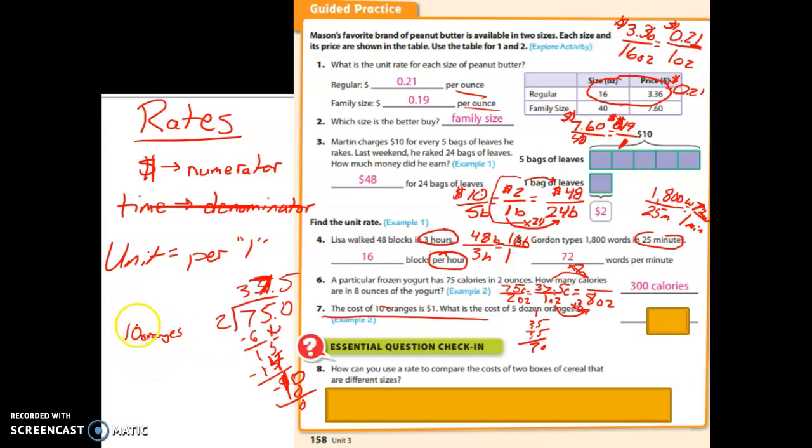So this one's a little bit goofy, and this is one where you have to be able to say, well, this doesn't really make sense if I put 1 over 10 here. So there's going to be those exceptions that you'll become familiar with. For $1, right? So if I wanted 5 dozen oranges, well, 5 times 12, that'd be 60 oranges. How much money would that be? Well, 10 times 6 and 1 times 6 would be $6.